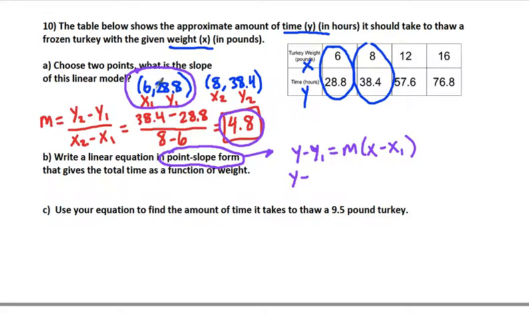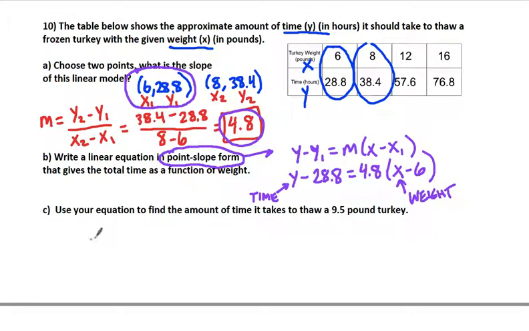So y minus y1, which is 28.8, equals our slope of 4.8 times x minus x1, which is 6. And that's our equation. And this gives us our total time as a function of the weight. Total time was y, weight was x. And if you want to label, that might be helpful. X was weight, y was the time it takes to thaw.